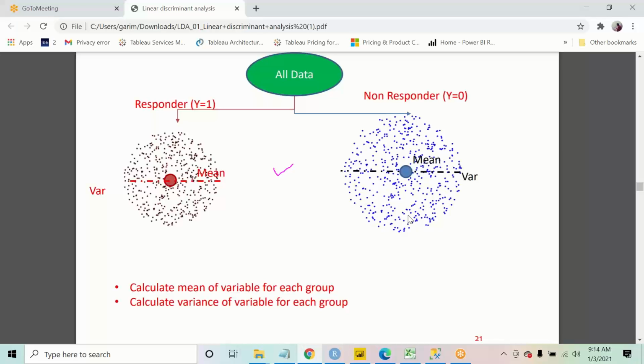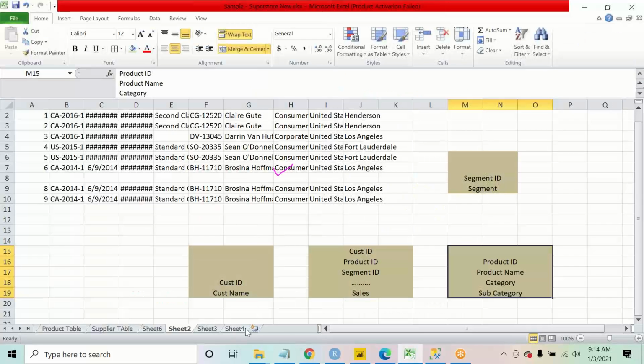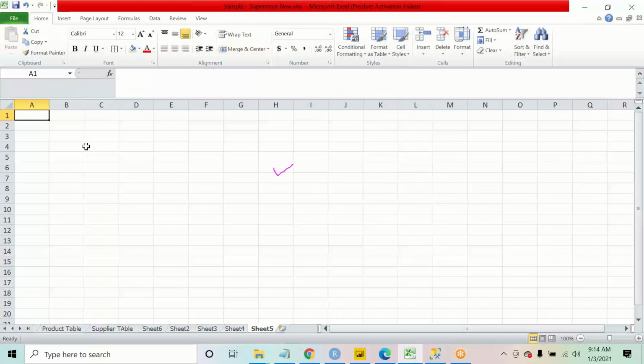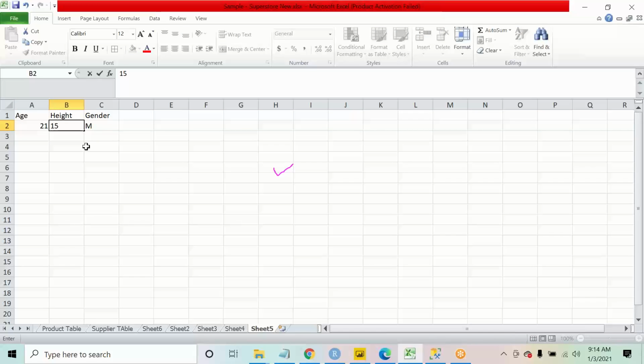Say suppose I have data that looks like this. I have some age and I have the height, and I have to predict the gender, whether the person will be male or female. So if age is 21, height is 160, then 22.